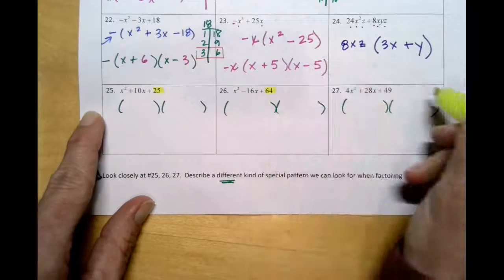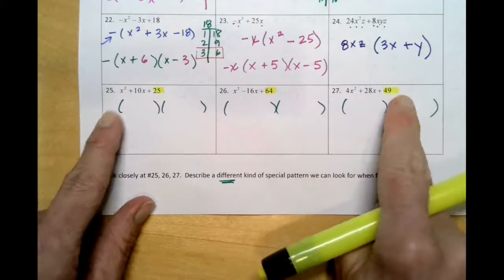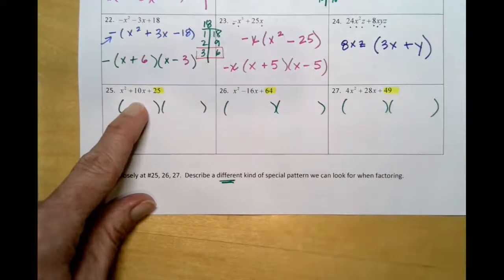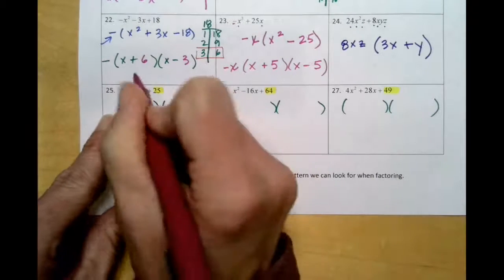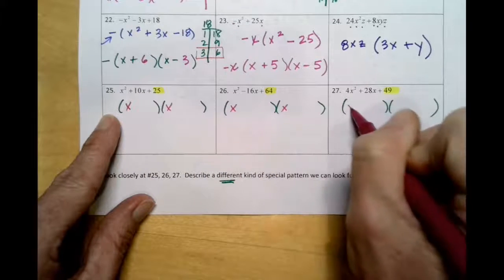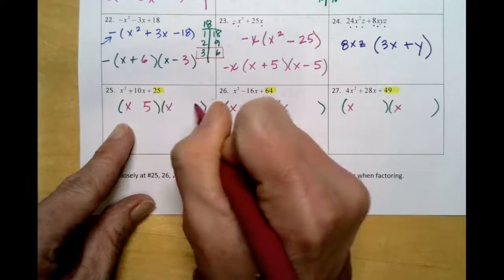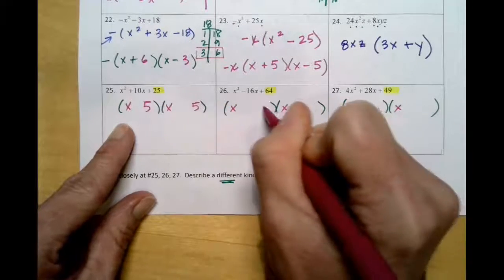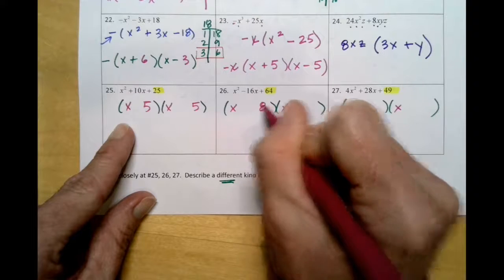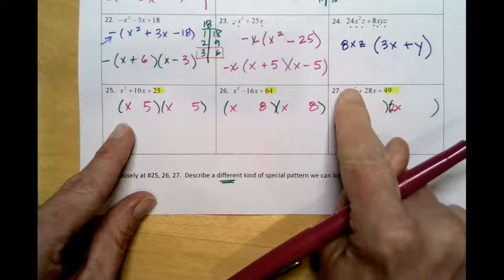There's 25, 64, and 49. I can see these perfect squares, but it doesn't fit either of my patterns. So we didn't get to talk about this one yet, but my goodness, when I split each of these x's and I look at my perfect square, I'm tempted to just rock on and keep going, and by the way, I forgot my 2 here.